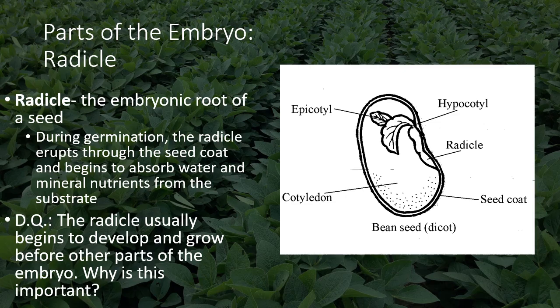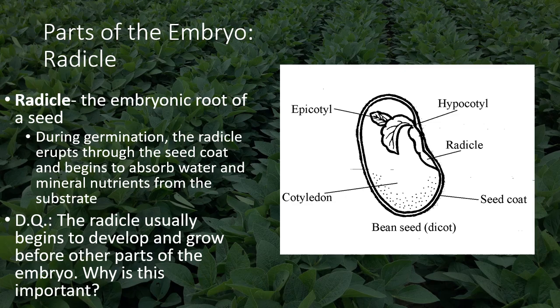So if you thought it's important for the radicle to develop so that we have the water to continue to inflate and grow those other embryo parts, you're correct. Without access to water, plants can't grow. The process of growth is essentially a process wherein plants make new cells and then inflate those baby cells with water to make them larger.